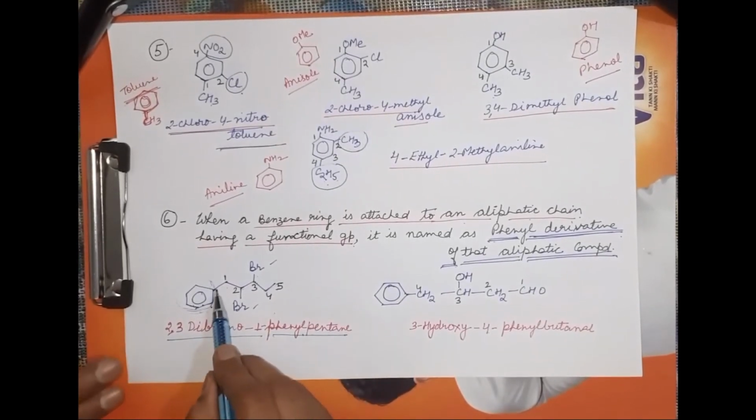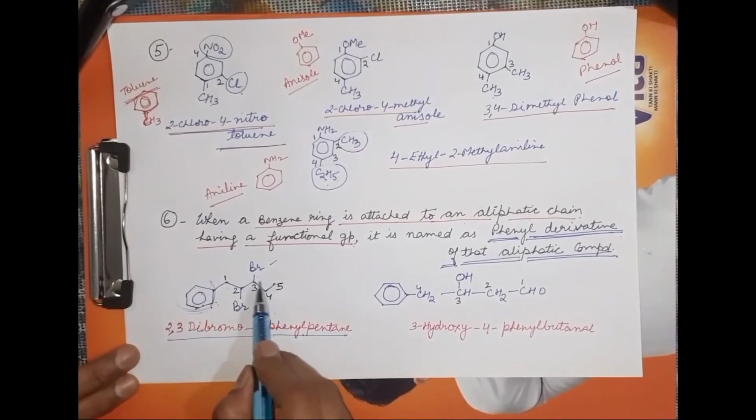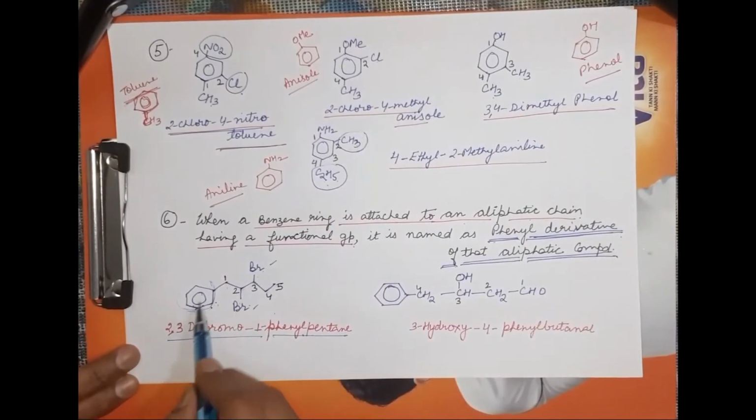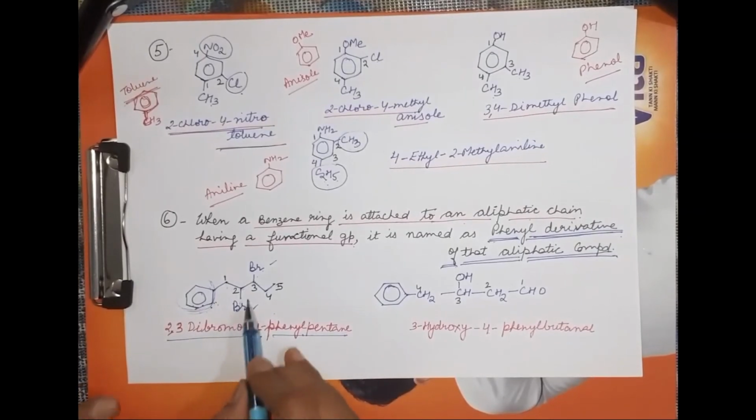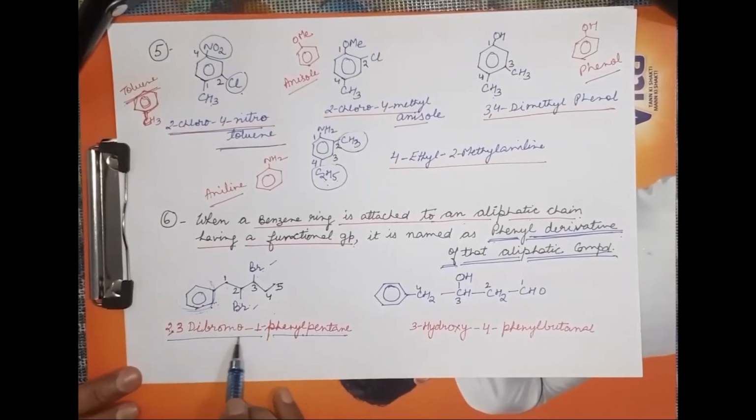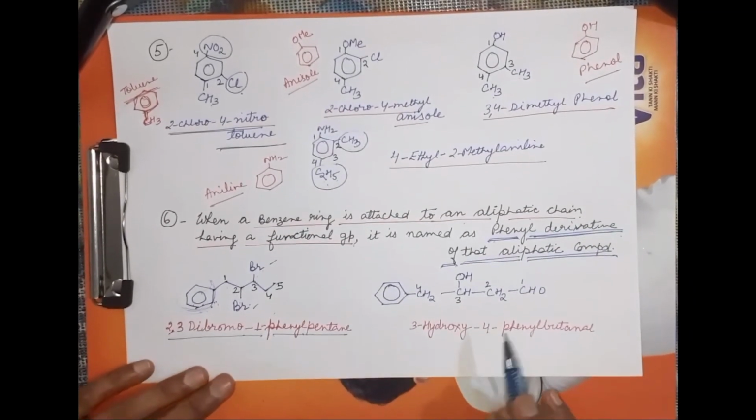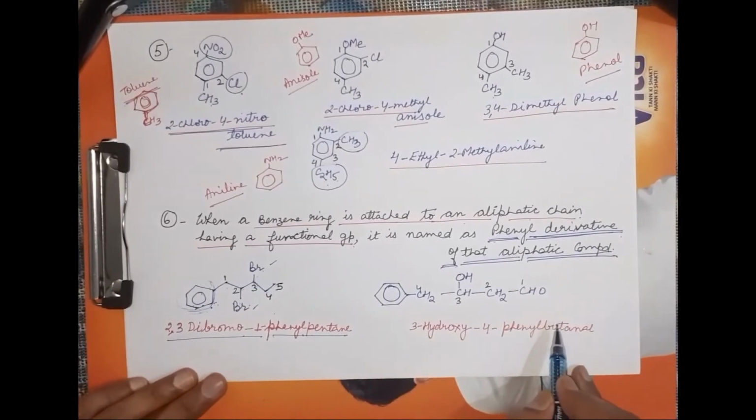So here an aliphatic chain has 2 Br groups and 1 benzene ring attached to it. In such a case, the benzene ring is treated as a substituent and named phenyl. So the name will be 2,3-dibromo 1-phenyl pentane.